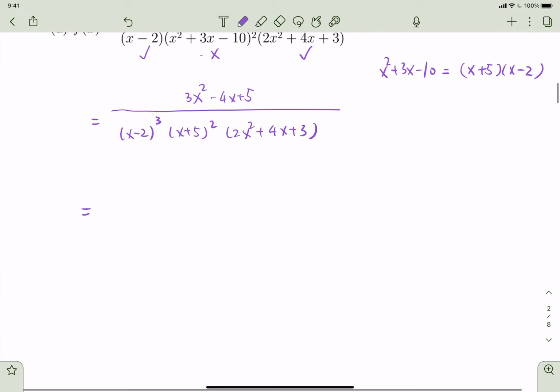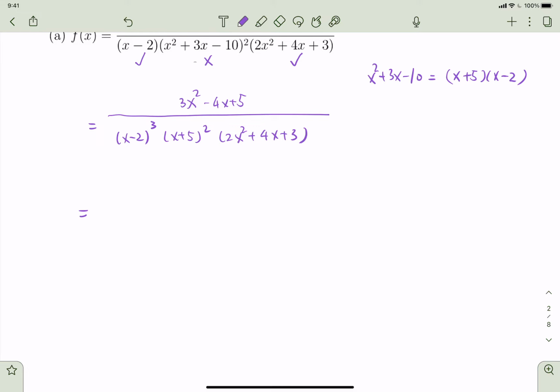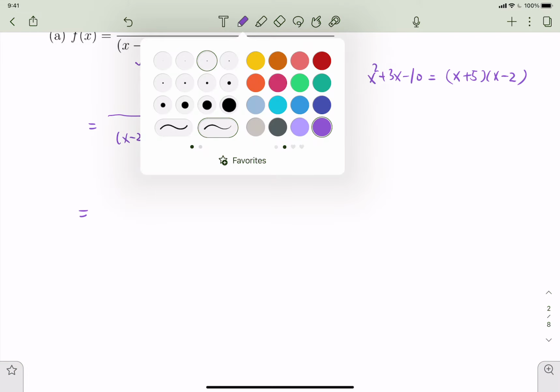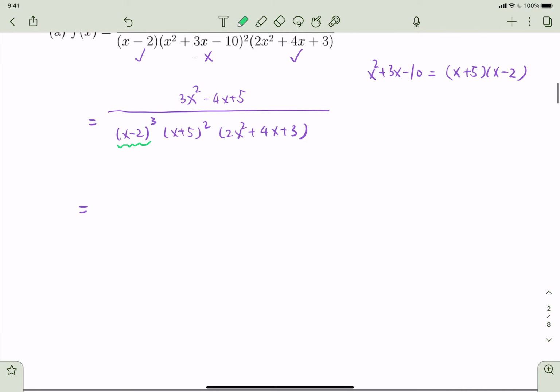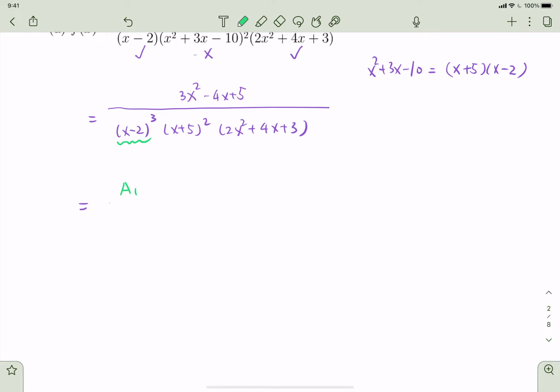So it is equal to, firstly, for the first factor here, this factor, right? It has the power 3, right? So we're gonna let this equal to a1 over x minus 2 plus a2 over x minus 2 squared plus a3 over x minus 2 to the 3, right?